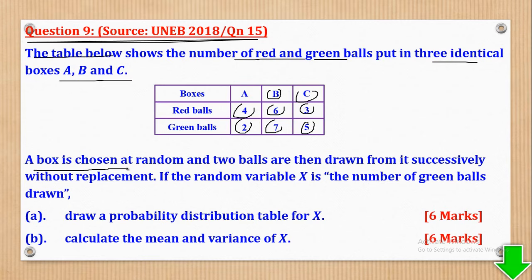A box is chosen at random and 2 balls are then drawn from it successively without replacement.